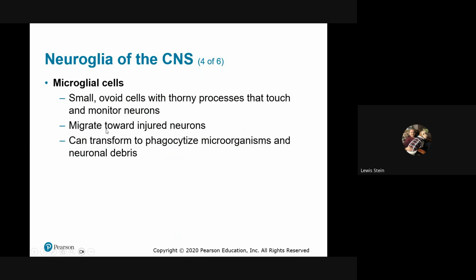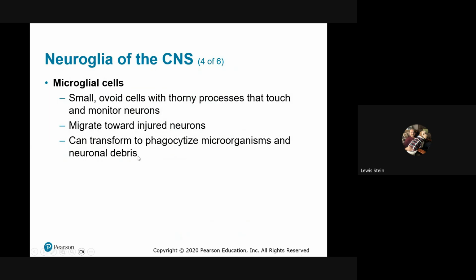They migrate toward injured nerves. When nerves are injured, they can be destroyed, but the injuries are sometimes reparable. They can repair those, and they're gobbling up debris. When you see all the stuff that goes on, making neurotransmitters, making conduits and passageways, the recycling of those materials that we talked about a little bit in the neuromuscular junction, that's where they go, and they gobble up bad stuff, potentially microorganisms, which would be very dangerous, obviously, and a variety of debris that comes off.